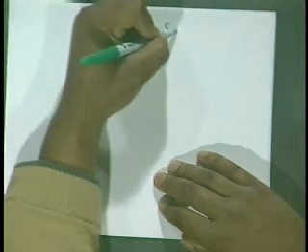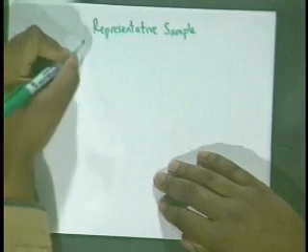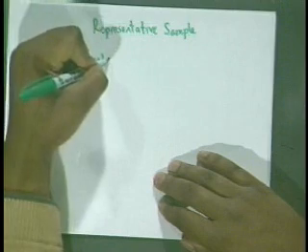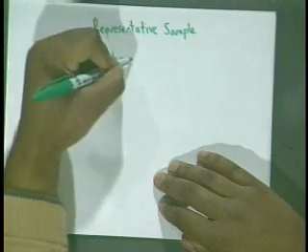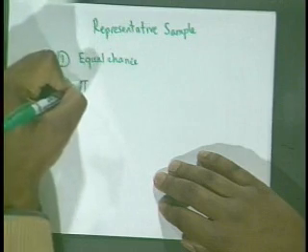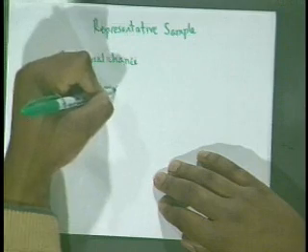And that's a good word, representative. That means you're trying to represent the population. You're trying to represent the people. So for a representative sample, the first thing you want to look at is equal chance. So everybody has an equal chance to be a part of the sample.